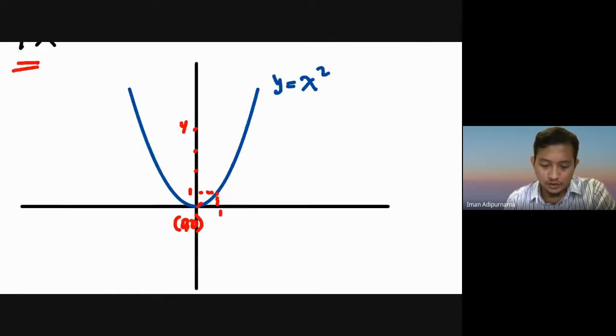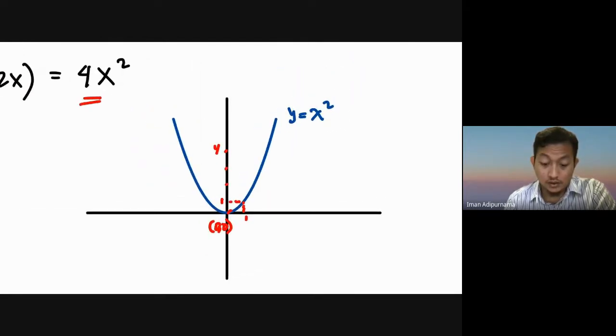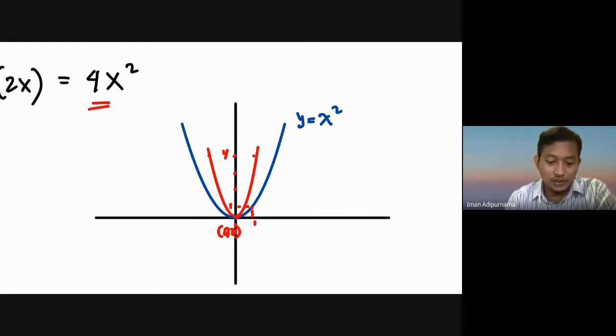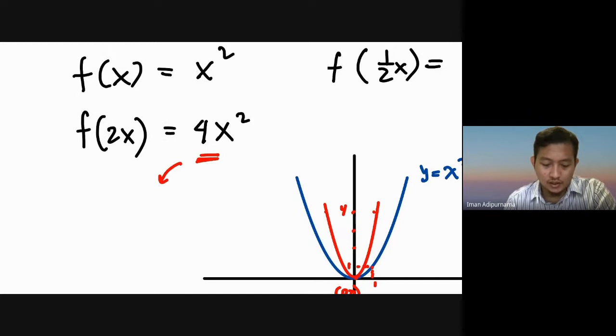Because if we just look here, we see the function here is from there. We can say this is vertically stretching, but horizontally shrinking. Okay, you get that? Because we can say this is vertical stretching, but in terms of horizontal, it's horizontal shrinking.